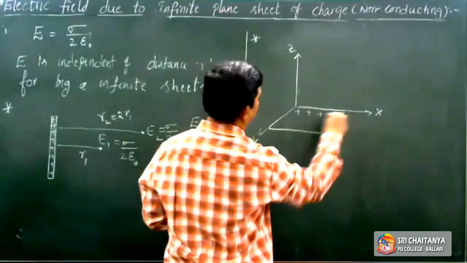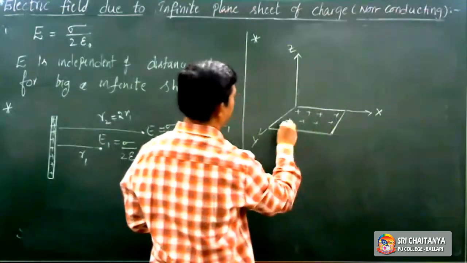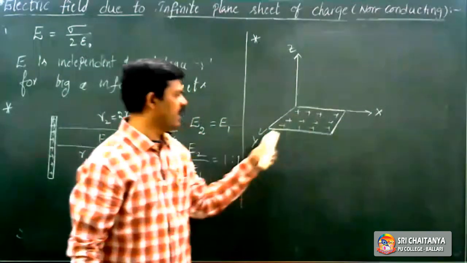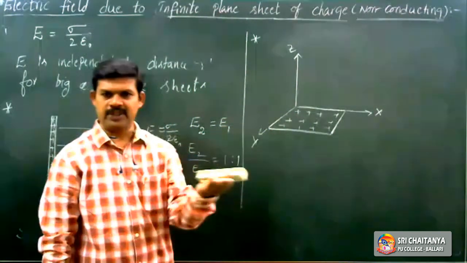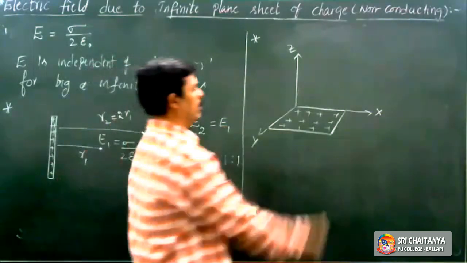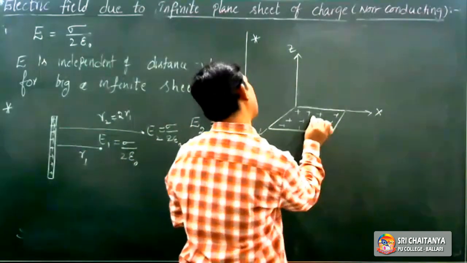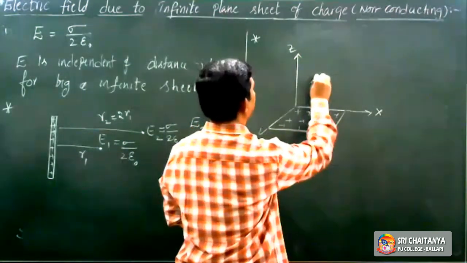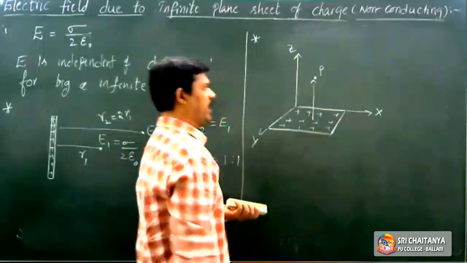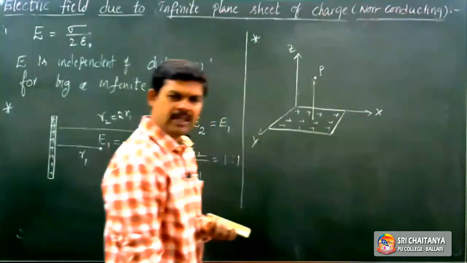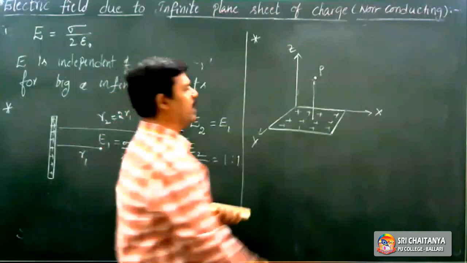This is the plane non-conducting sheet. In which plane is the sheet? That sheet is in the XY plane. Then at this point, P is the point here. What is the direction of the field?